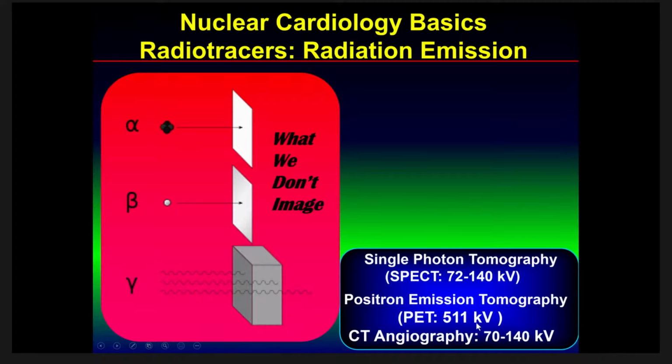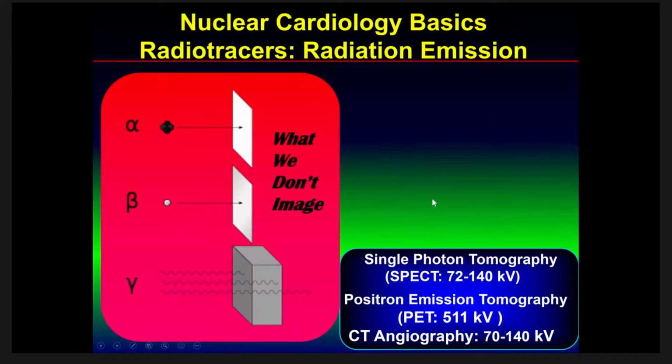You can see that with PET imaging, you actually get much higher keV, or photons with greater penetration, than you do even with CT. And CT is actually very comparable in terms of penetration to single photon tomography tracers such as thallium and technetium.